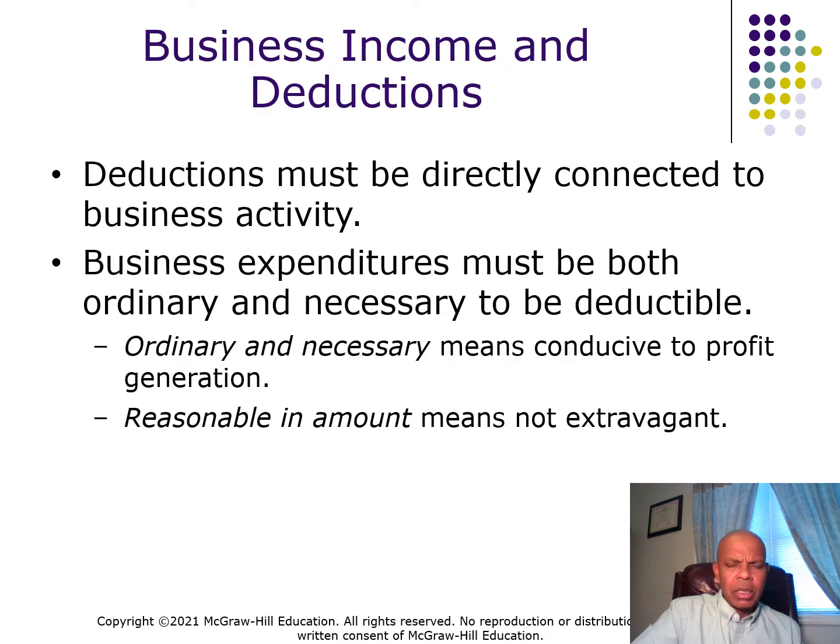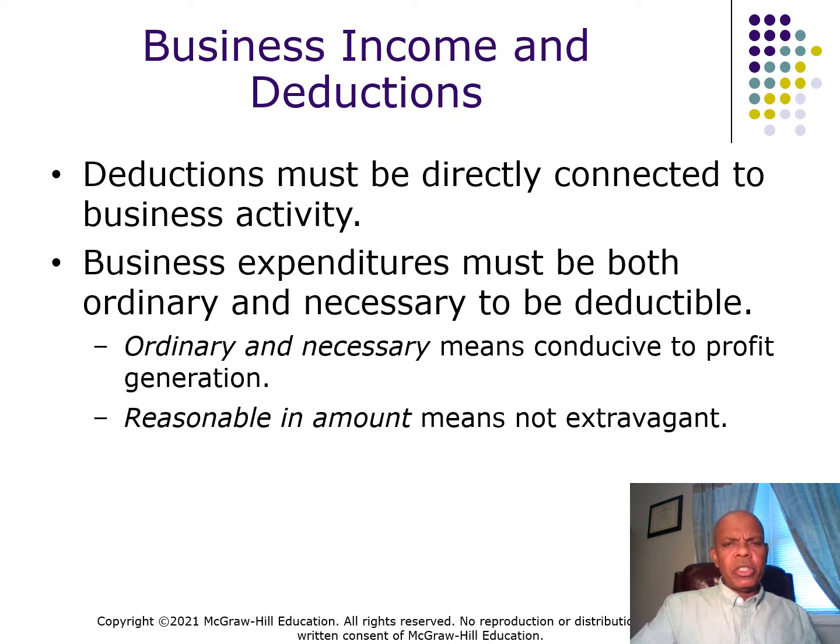Okay, business income and deductions. Deductions must be directly connected to business activity. The business income, we know what it is: whether you're providing services or selling goods, that's your income, plus any other things, interest income, dividend income, whatever you get. As far as the deduction is concerned, it must be directly connected to business activity.